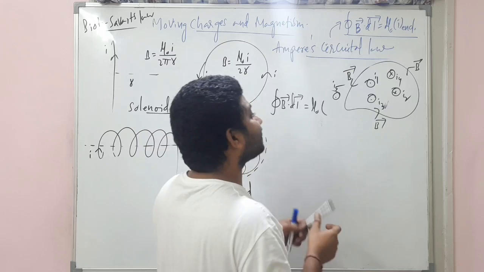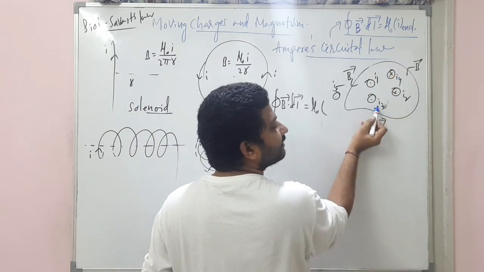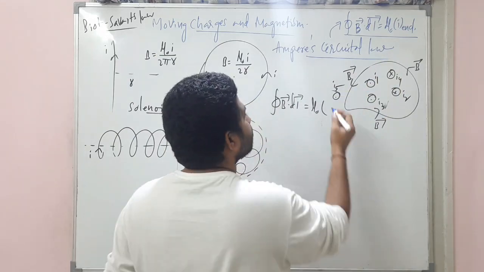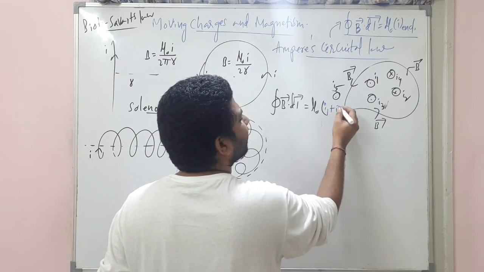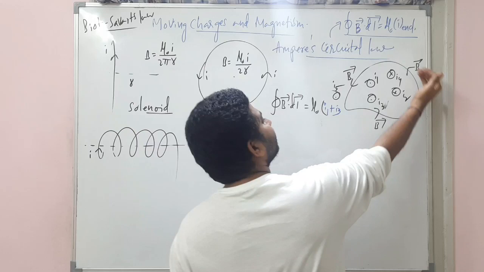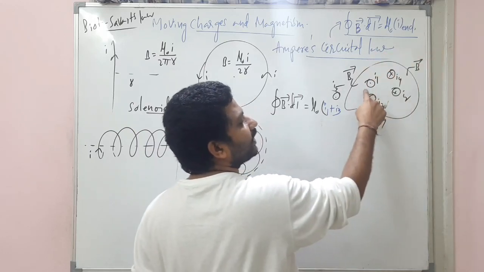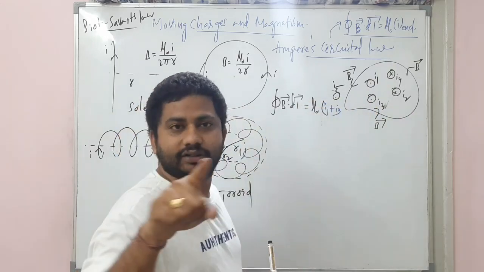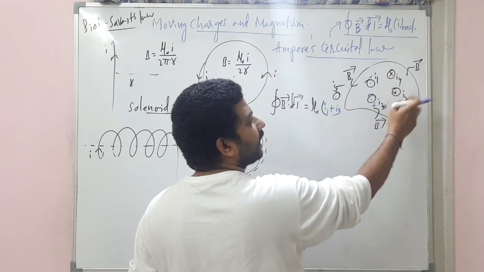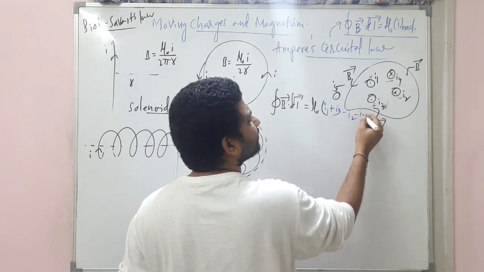In this case, thumb direction currents I1, yes, out of the plane, I3, yes, out of the plane, are taken as positive. So I1 plus I3. Once again, in the direction of B bar, I am holding the curl of my fingers and the thumb is pointing outwards, and those currents are positive. I1 and I3 are positive and I4 and I2 are negative. So that is minus I2 minus I4.